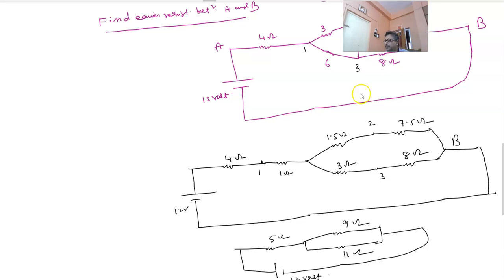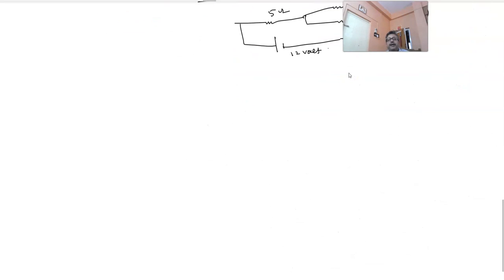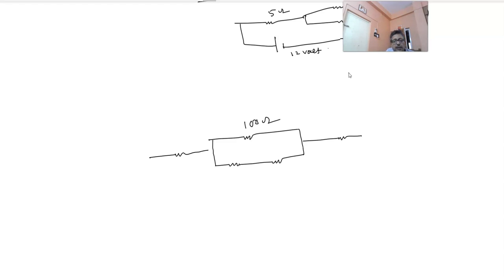Let us solve another one where again you have to find the current through the circuit. Suppose I am taking this circuit. This one say 100 ohm. Let me think what are the values I can take here so that our calculation will be easy.